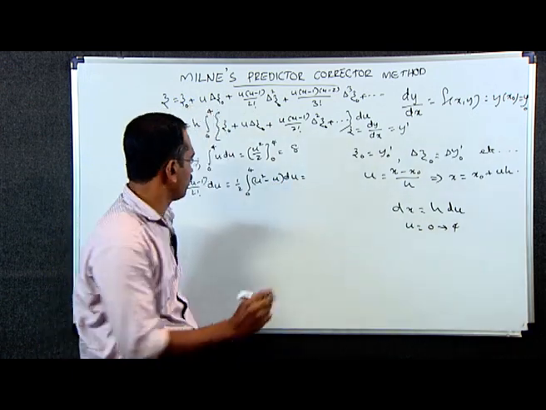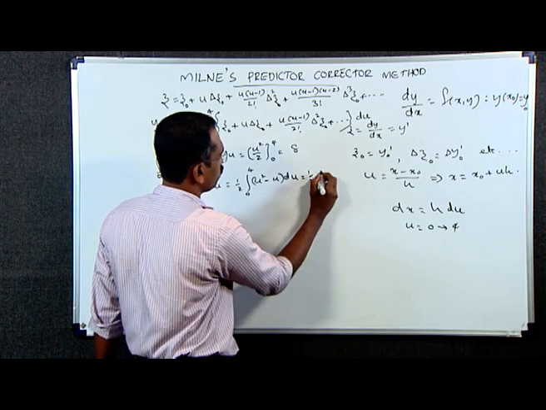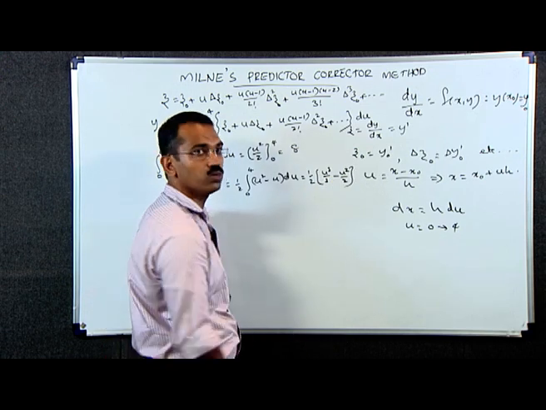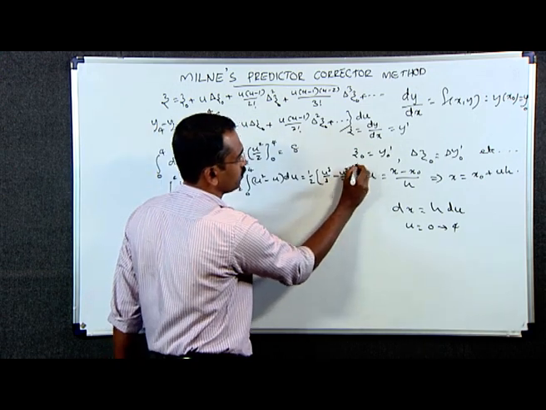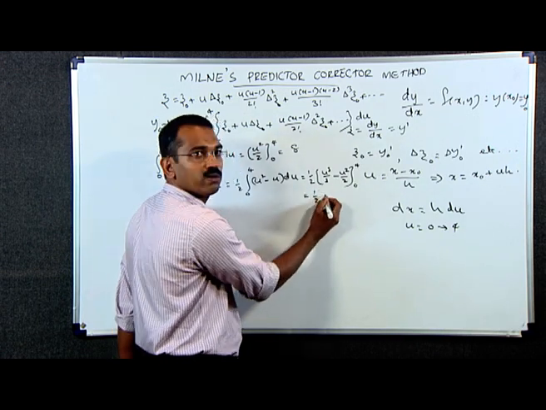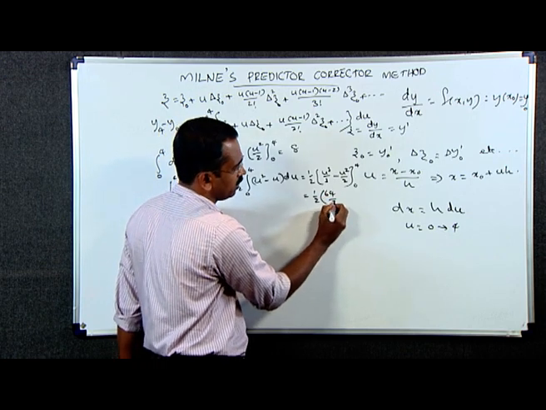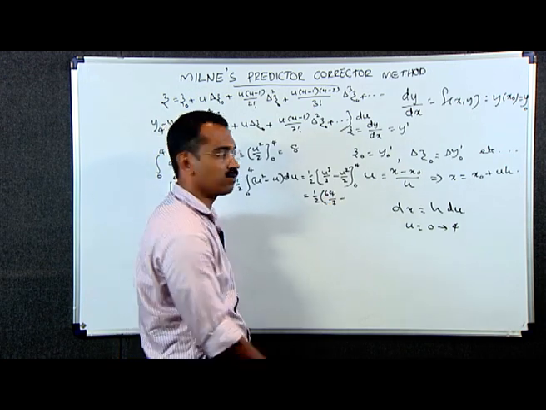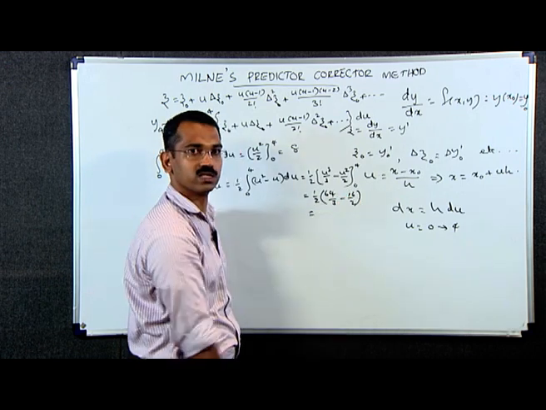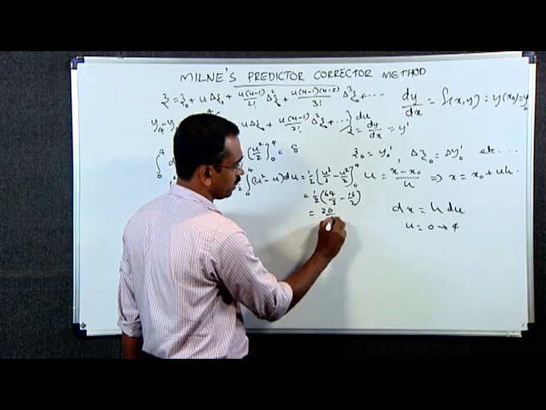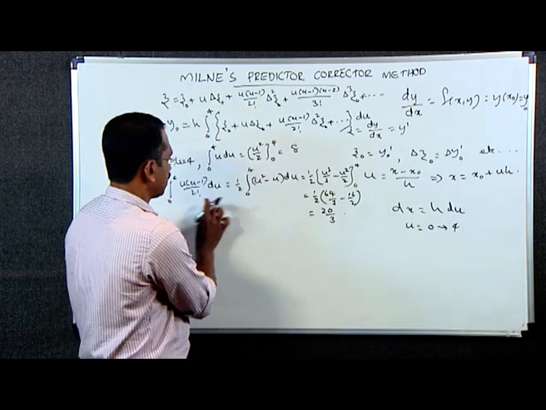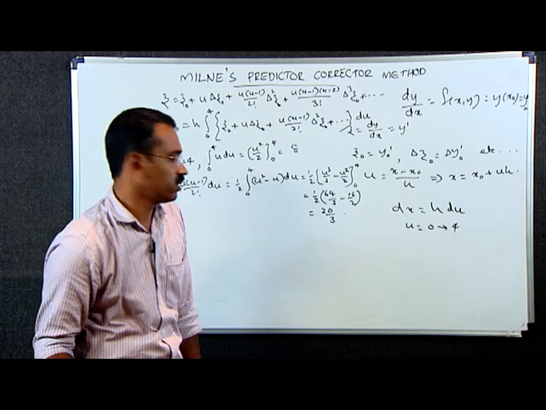On integration, we will get 1 by 2 into u cube divided by 3 minus u square divided by 2 between the limits 0 and 4. This is equal to 1 by 2 into 4 cube divided by 3, that is 64 divided by 3, minus 4 square divided by 2, that is 16 divided by 2. On simplification, we will get 20 divided by 3.